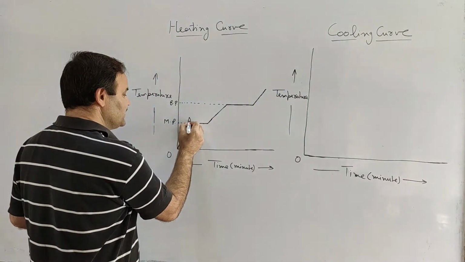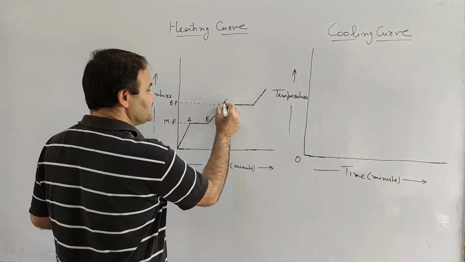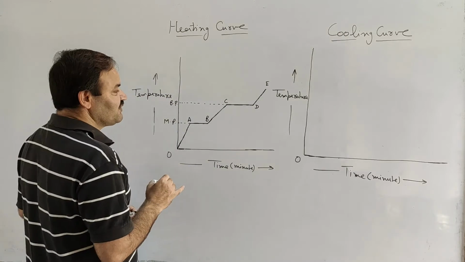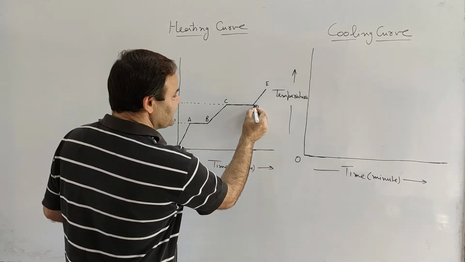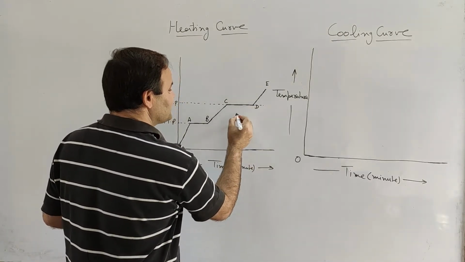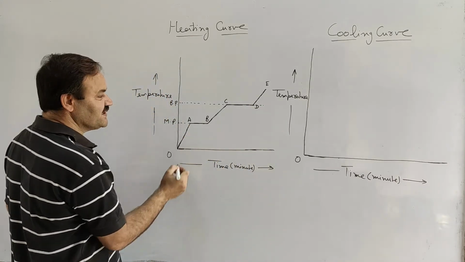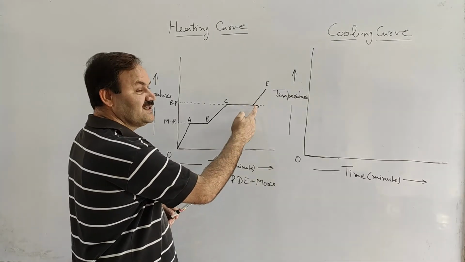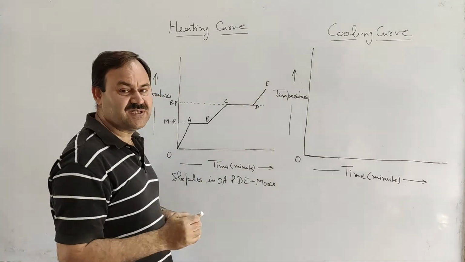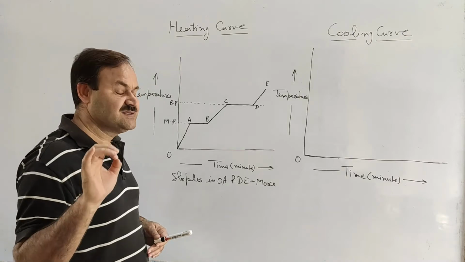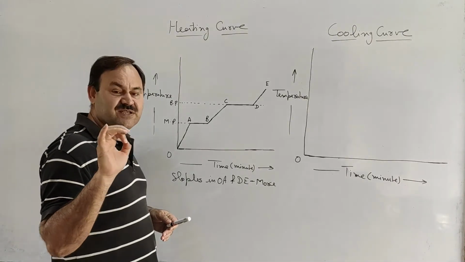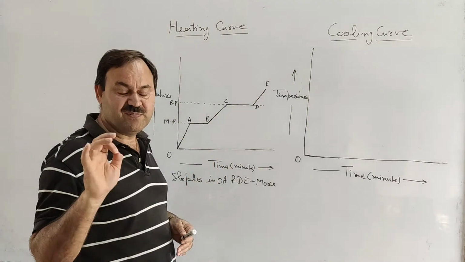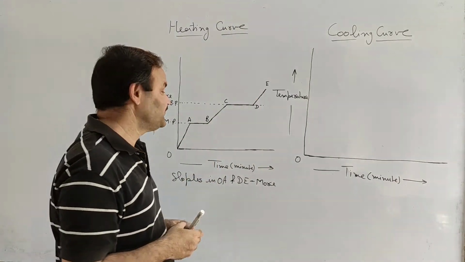If the curve is O, A, B, C, D and E, then from here we can see that the slopes in parts DE and OA will be more, showing that the rise in temperature is a bit quick, showing that the specific heat capacity in solid as well as in vapor state is less.